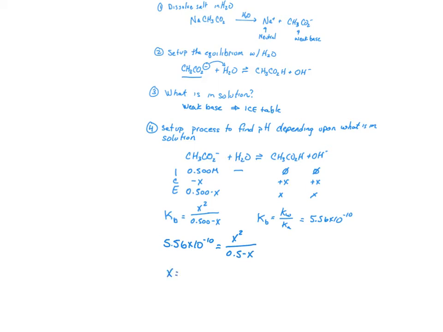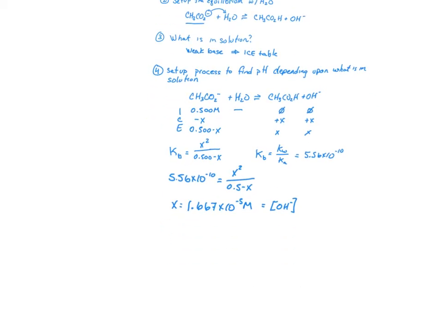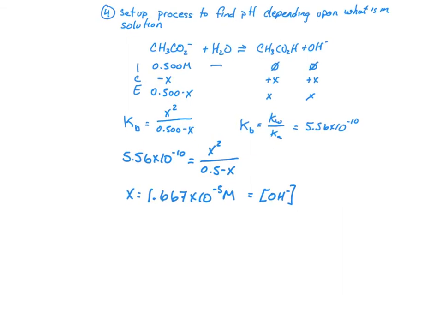And I can solve my quadratic equation, and I get that x is 1.667 times 10 to the minus 5 molar, which is equal to my hydroxide concentration. And now my handwriting is getting big, so I'm going to zoom in a little bit.